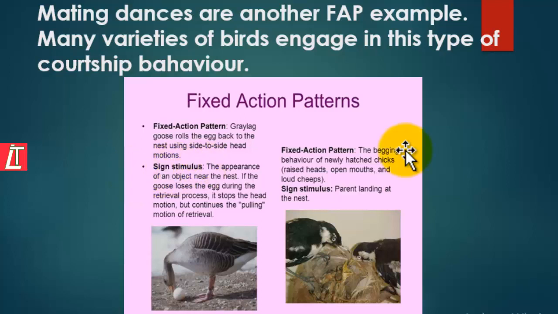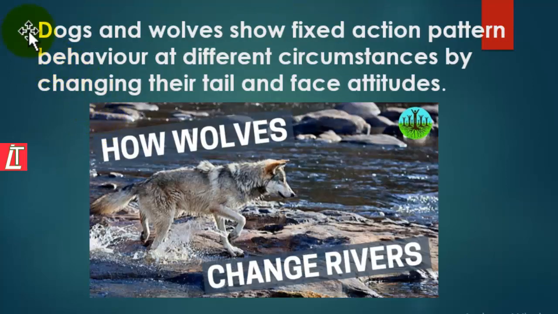The begging behavior of newly hatched chicks: raised heads, open mouths, and loud cheeps. Sign stimulus: a parent landing at the nest. Dogs and wolves show fixed action pattern behavior in different circumstances by changing their tail and face attitudes.